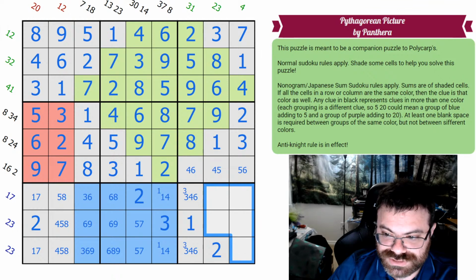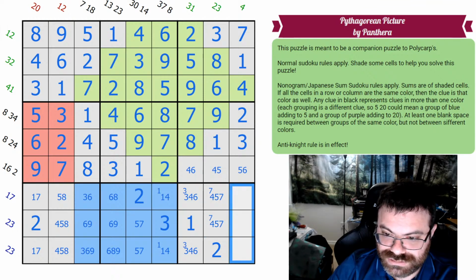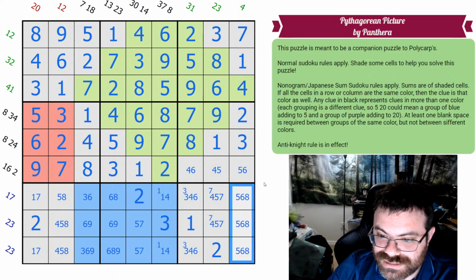Maybe I should just fill these in. I have 1, 2, 3, I need 4, 5, and 7. So 7's one of these two. Here I've got 1, 2, 3, 4, I need 5, 6, 8, and 9.